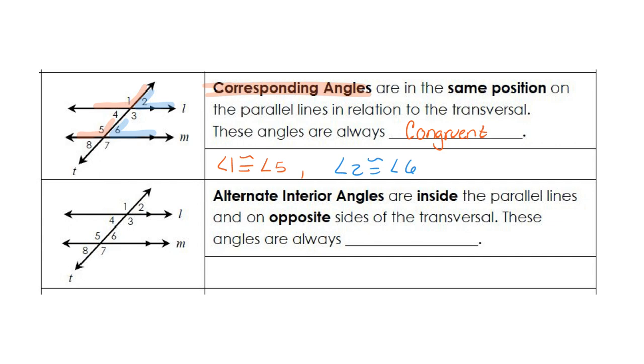We also have alternate interior angles. These ones are on the inside. Remember how I pointed out inside on the last slide? Alternate interior angles are on the inside of the parallel lines on the opposite sides of the transversal, and they are always going to be congruent.